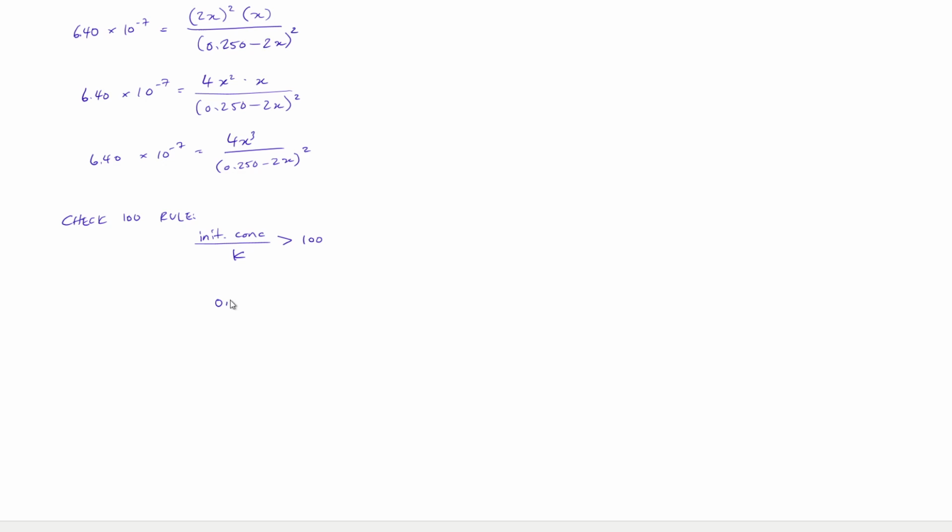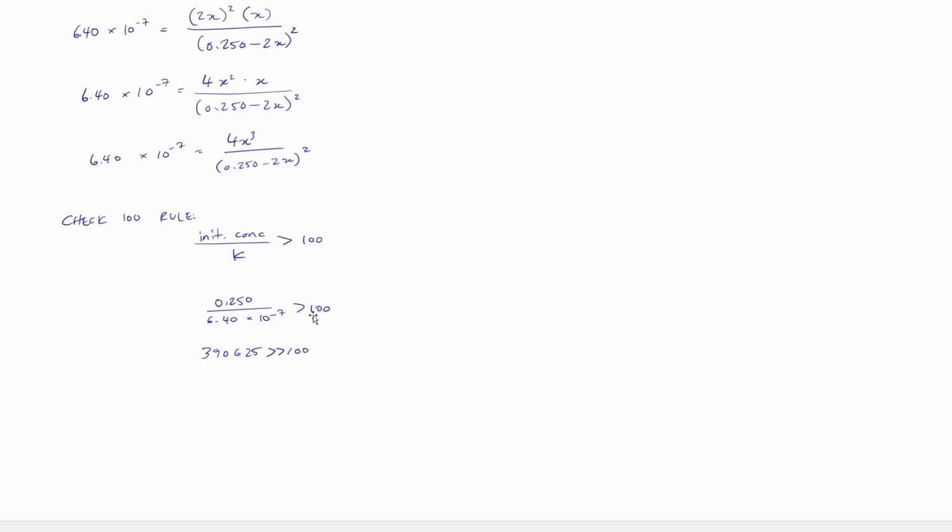So 0.250 divided by 6.40 times 10 to the negative 7 is greater than 100. When I calculate this value, I get 390,625. And that is, in fact, much greater than 100.